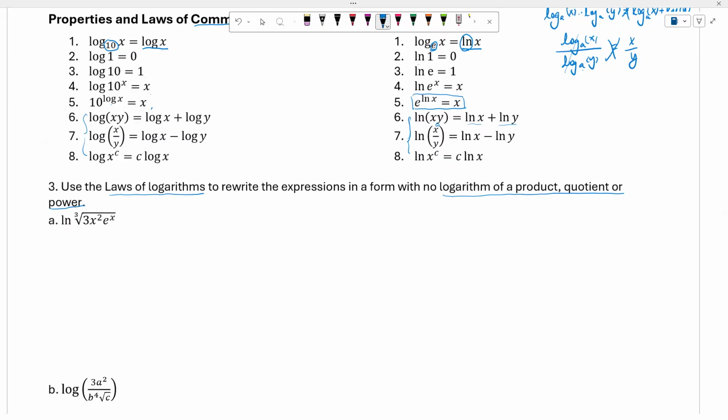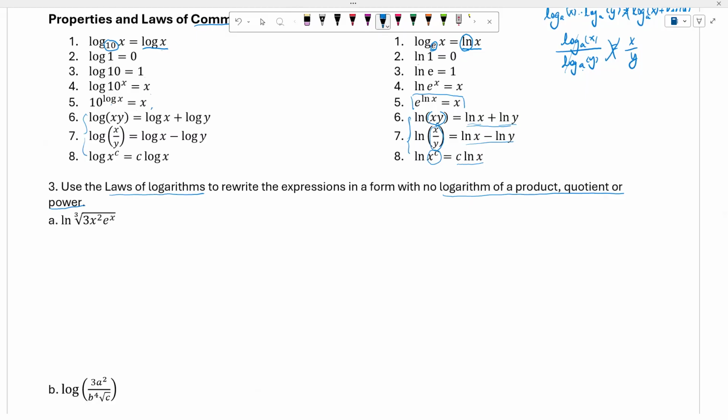That means we don't want to have this x times y or x over y or x to the power of c. We would like to convert or rewrite this into the sum or the difference or a constant multiple, something like this. So let's see how we work out the problem.